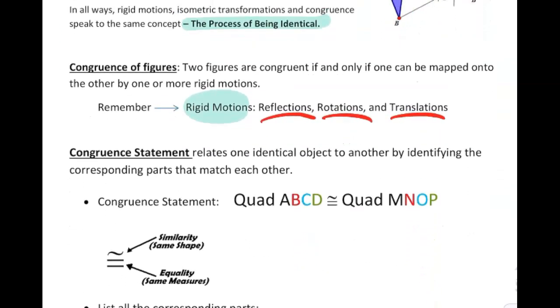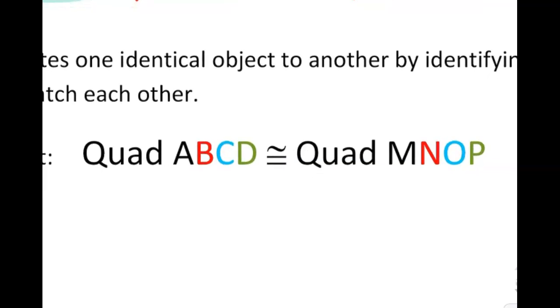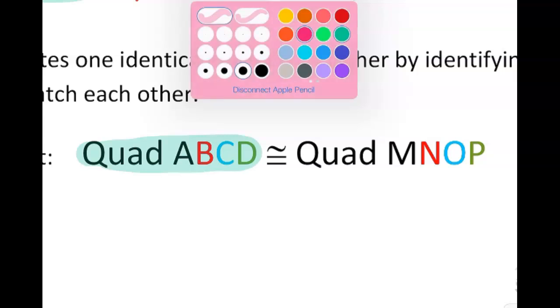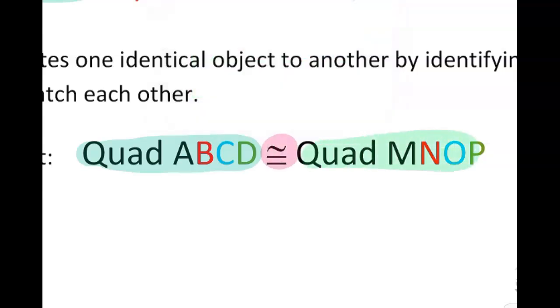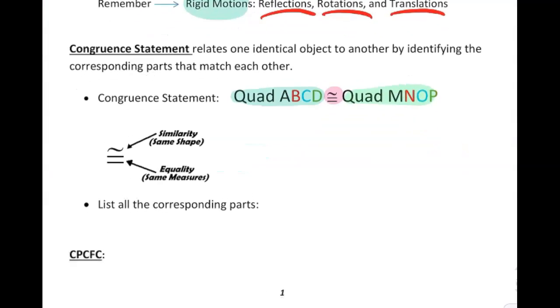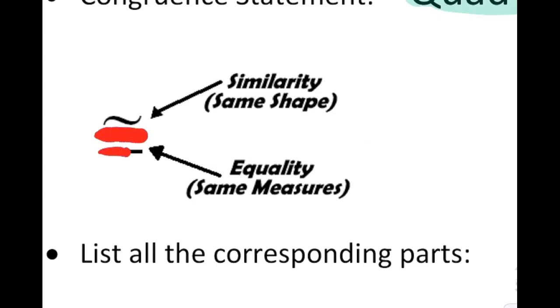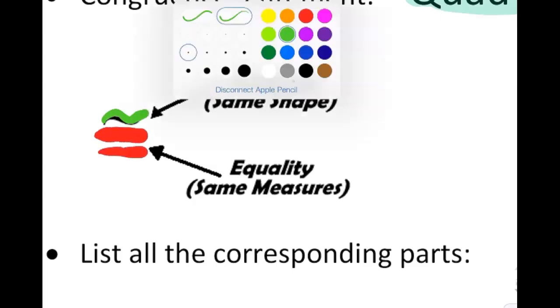So here's a congruent statement. We read that as quadrilateral ABCD is congruent to quadrilateral MNOP. And the congruent symbol, which is this right here, is really made up of two symbols.